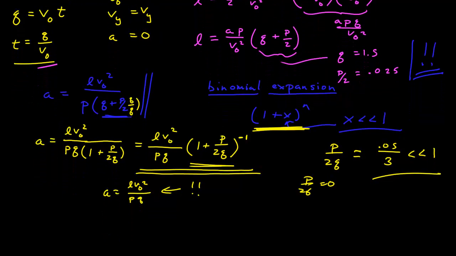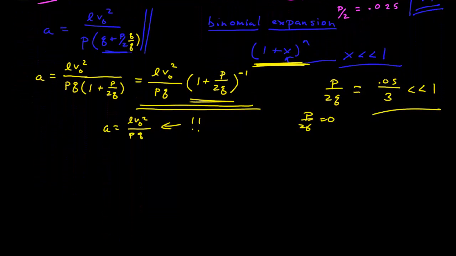So our approximation where we assumed there was no deflection within the plates, the mathematical representation of that approximation is setting p over 2q equal to 0. Well, let's see how good of an approximation that was.